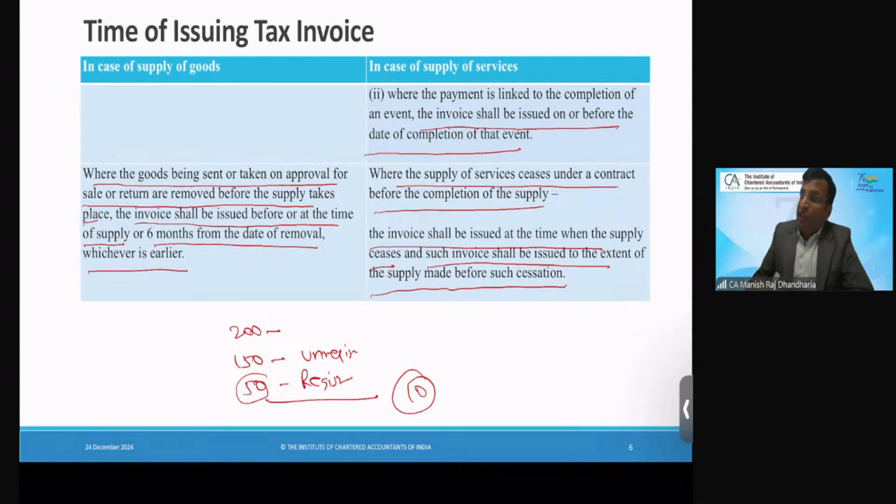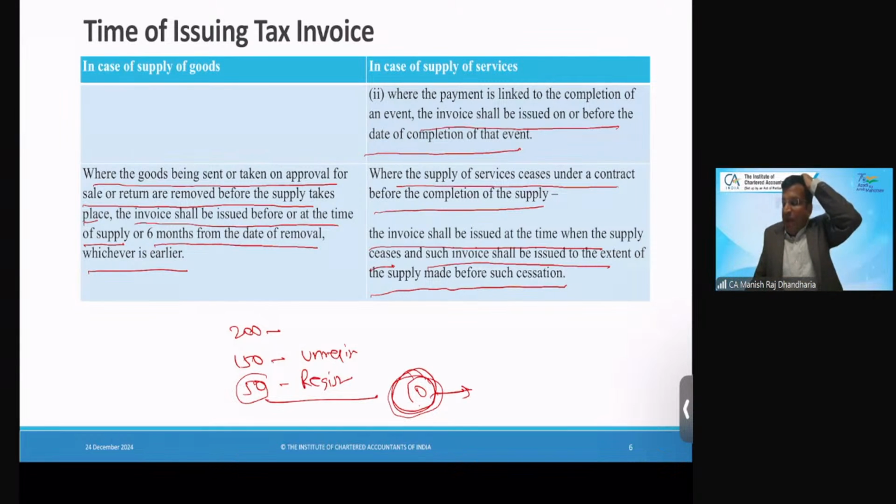So this provision will not be applicable for those 10, those who are asking invoice. Those who are asking invoice, for them you have to make an invoice by putting their GST number. ठीक है ना?